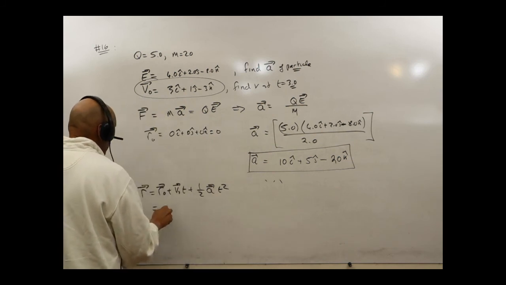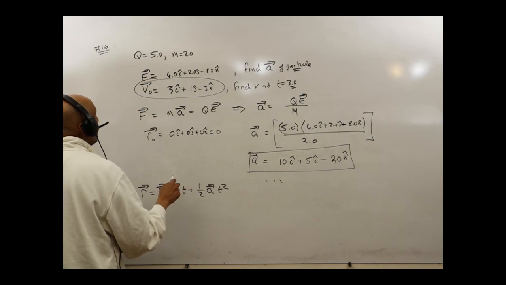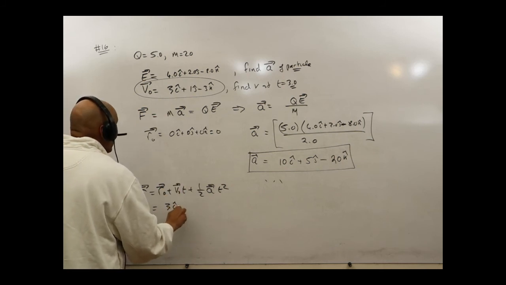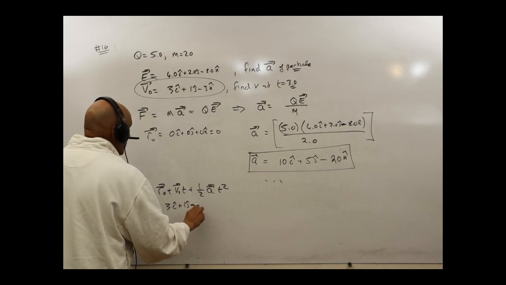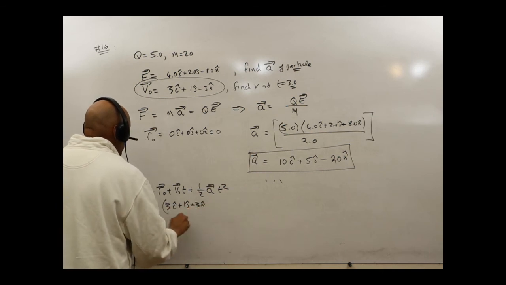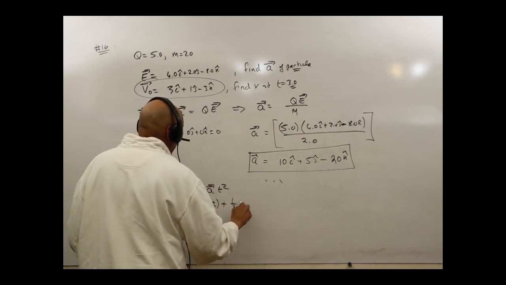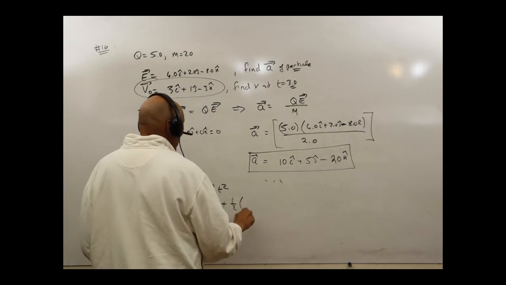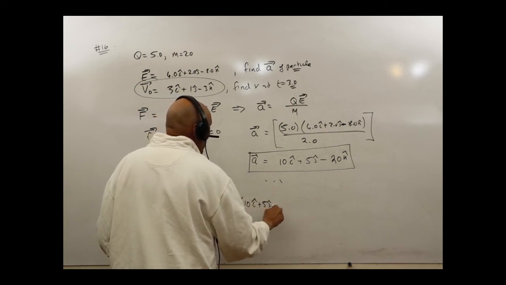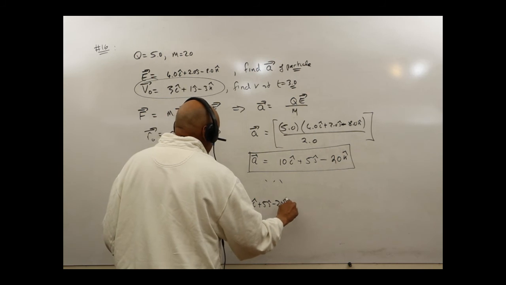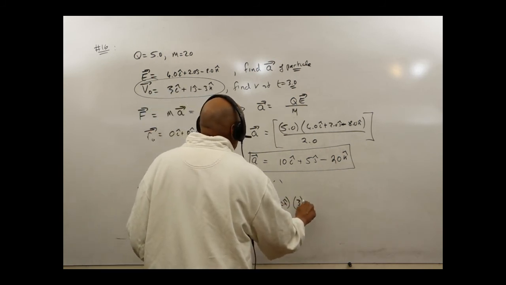In this case, r0 is 0, so I'm going to put it in. v0 happens to be 3i plus 1j minus 3k times a time of 3 seconds, plus 1/2 times the acceleration, 10i plus 5j minus 20k, times t squared, where t squared is 3 squared.